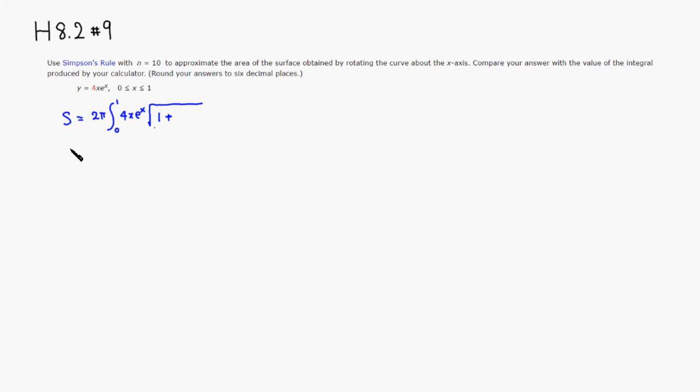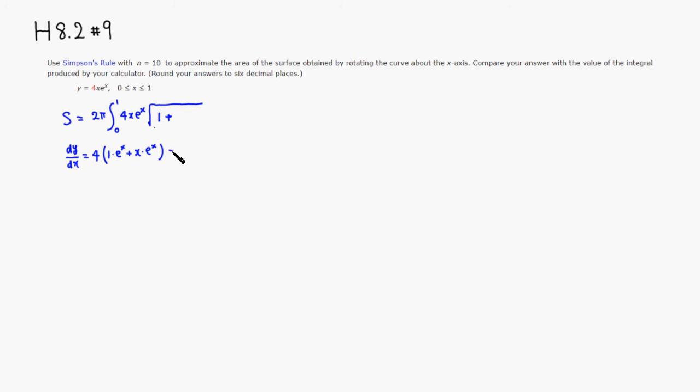So find the derivative, dy over dx is equal to, 4 is just a constant multiple, put it here. Then we can use the product rule. The derivative of x is 1 times the second guy, e to the x, plus the first guy, and the derivative of e to the x is luckily exactly the same thing.